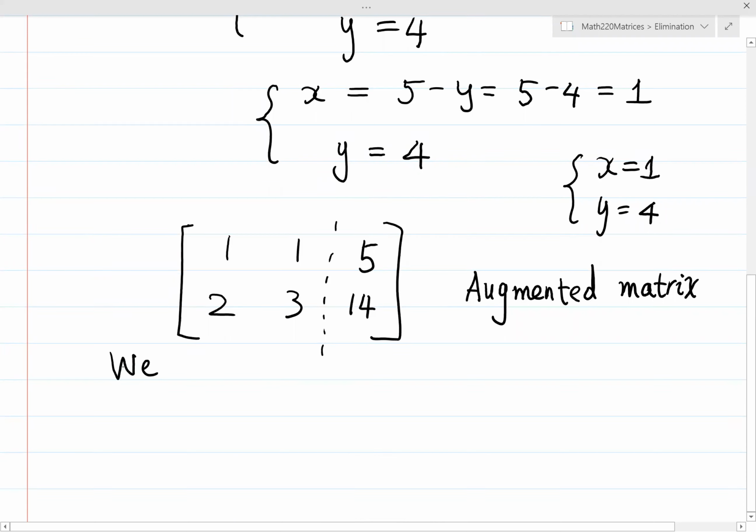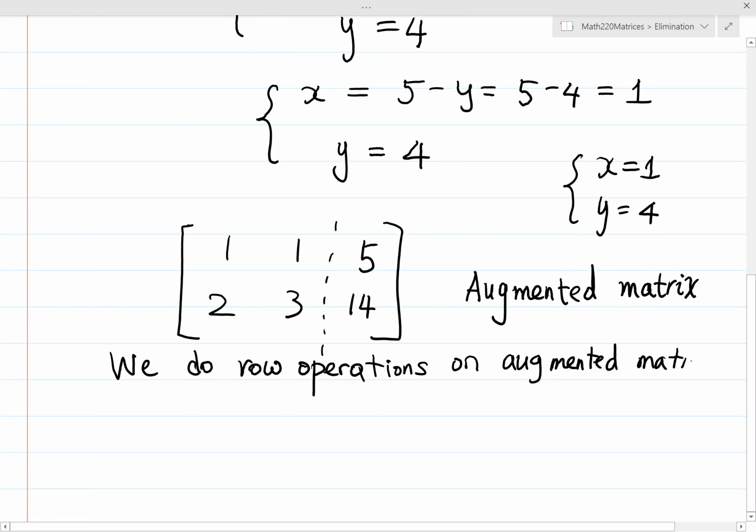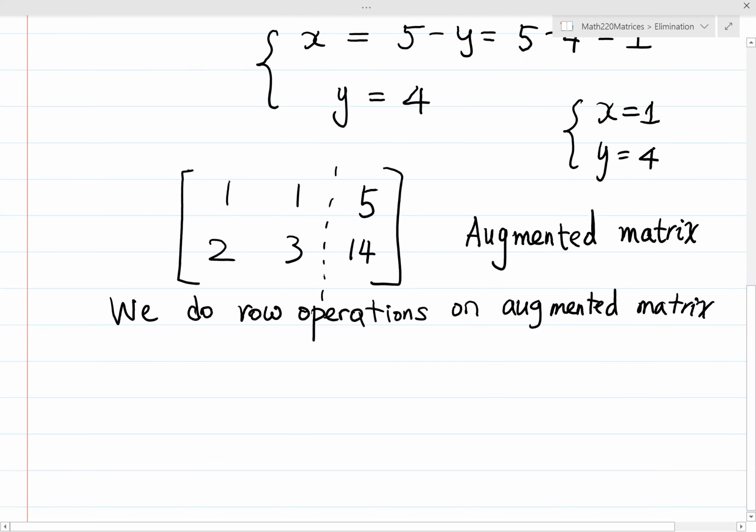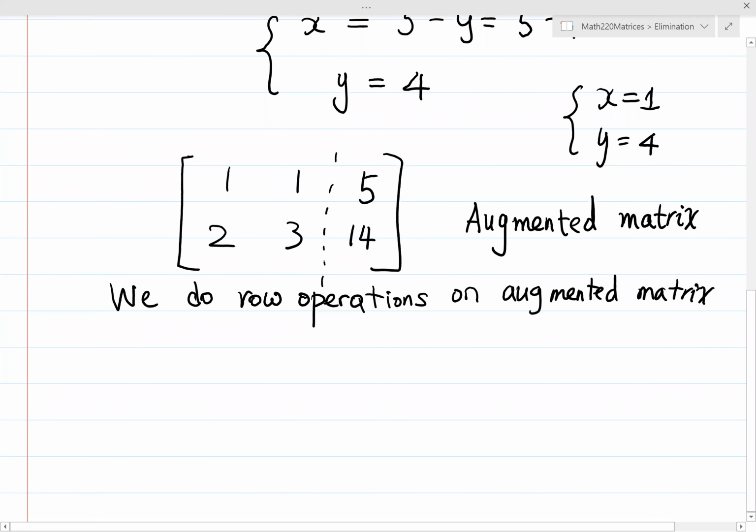We are only allowed to do row operations, no column operations. For instance, this one is an augmented matrix.